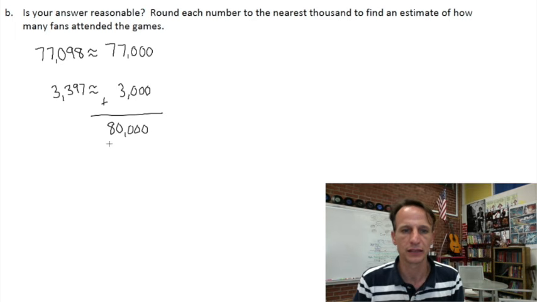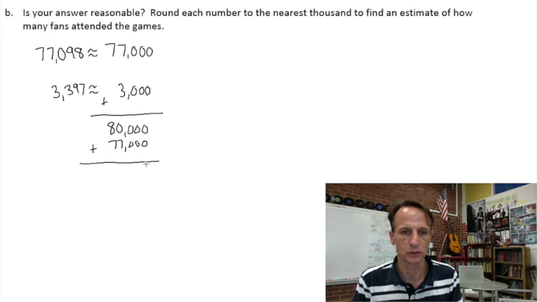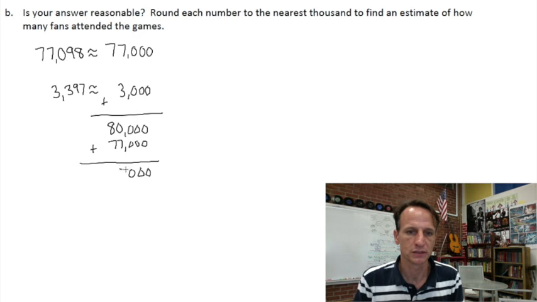And then we can add to that, let's keep this column going here, the 77,000 for the Jets game. It's our rounded amount there. And we'll go through and add, so 0, 0, 0, right? 0 and 7 are 7.